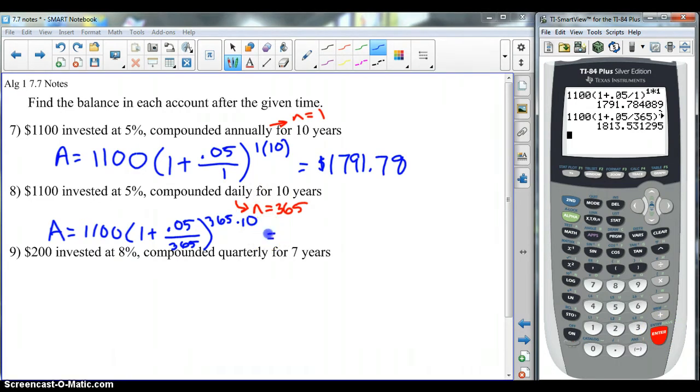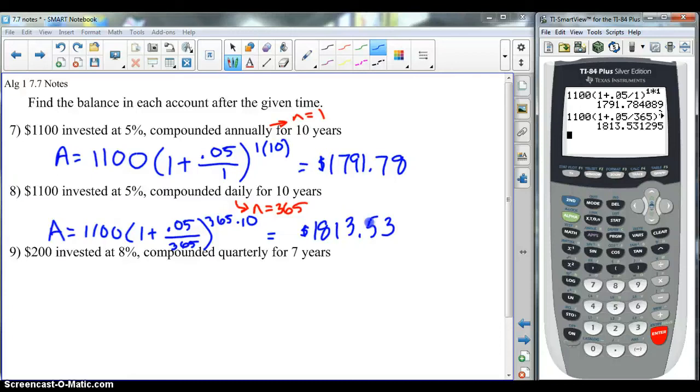So even though this is more money, it's a little under $22 difference on the investment that was left alone in an account for 10 years. I'll keep the 20 bucks. Don't get me wrong, but I just don't think it's a huge deal.